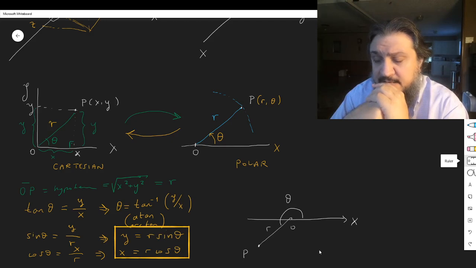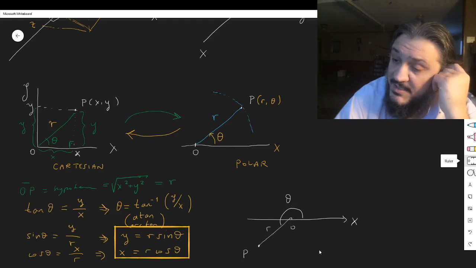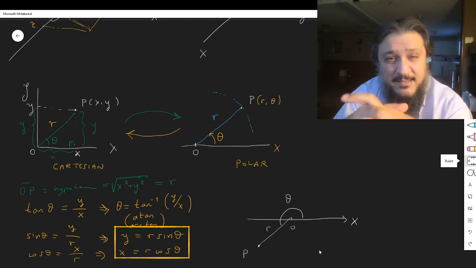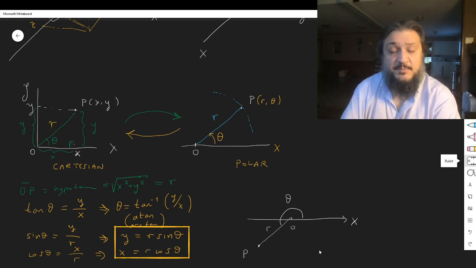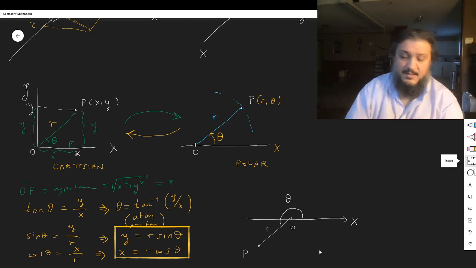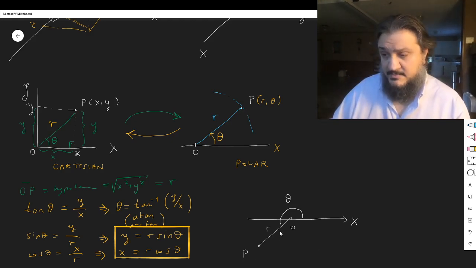Now, here's another issue though. What if you are given x and y, but you want to find the corresponding r and theta? Now r is easy, just square root of x squared plus y squared. But when you calculate theta, you've got to be very careful, and this calculator will not give you the correct answer all the time, okay? Here's how.